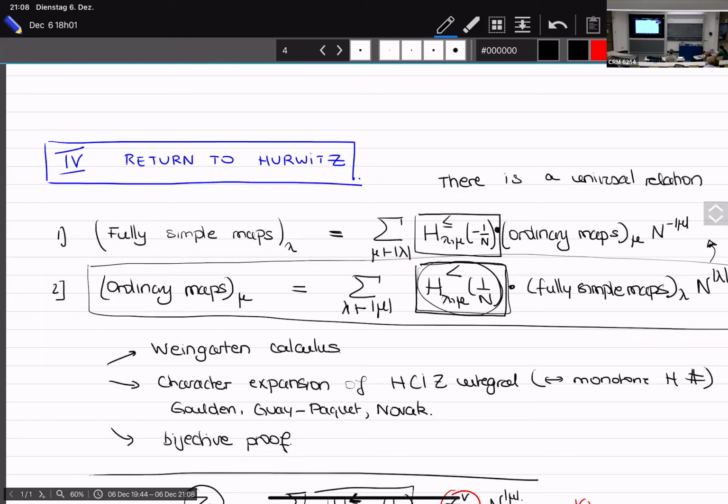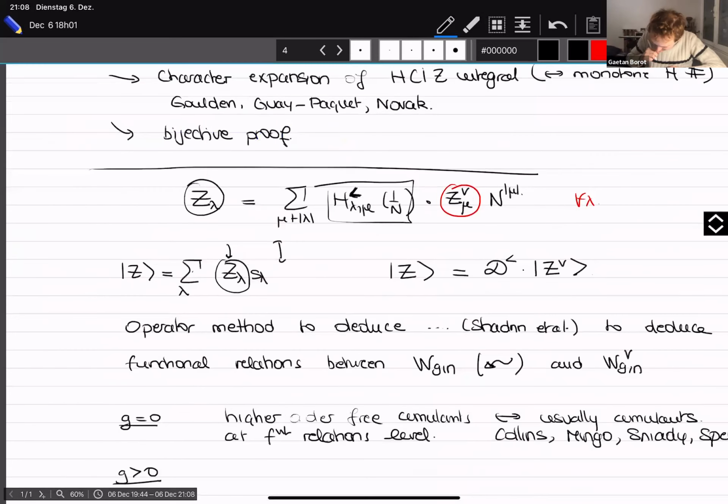So you can read off these fully simple maps and also the ordinary maps from a knowledge of the weighted Hurwitz numbers. That's maybe the best way to express it. So you have a vector. If you know one vector, this operator defined in terms of Hurwitz numbers gets you to the other side, and that's invertible. And if you invert it, you actually get the transition matrix given by the weakly monotone.